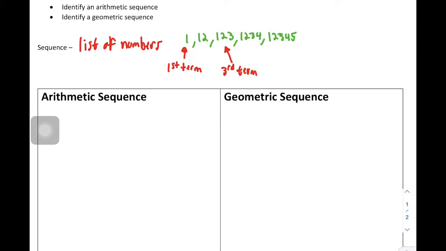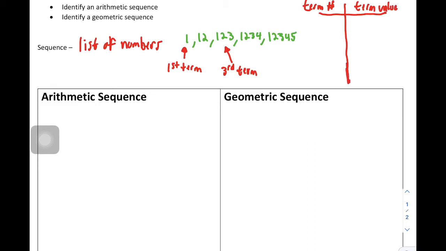So with these sequences, you can actually see it written out like this. Another thing that you may see is you may actually see this written out as a table, where over here we have the term number, and over here we have the term value.